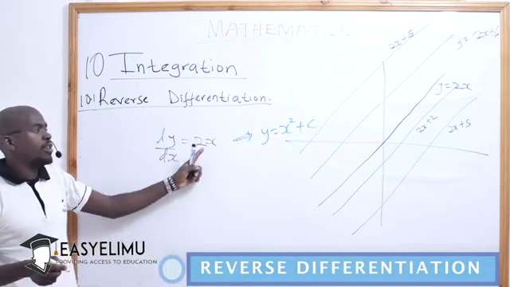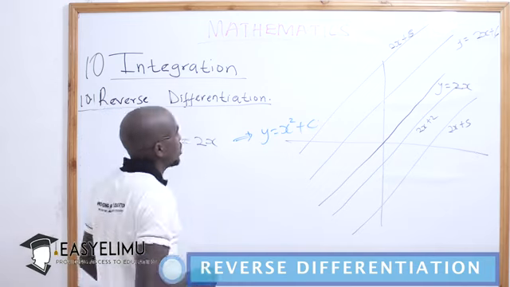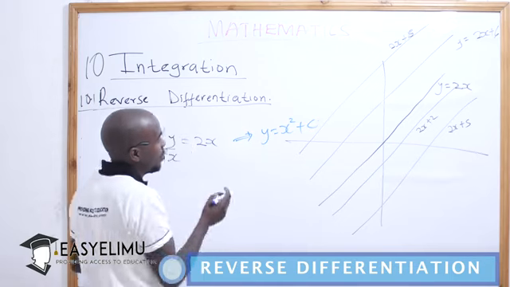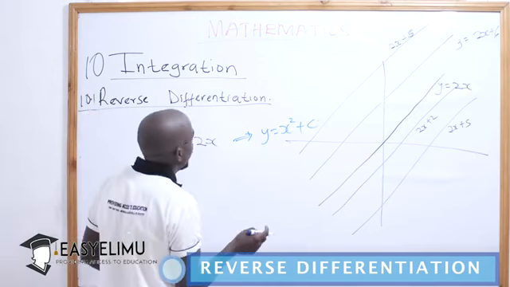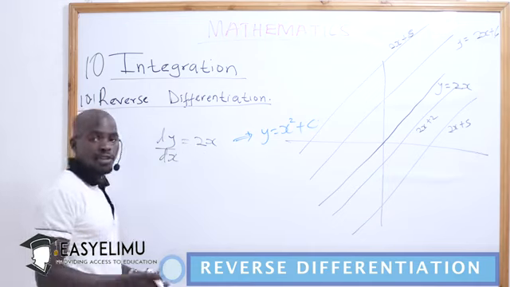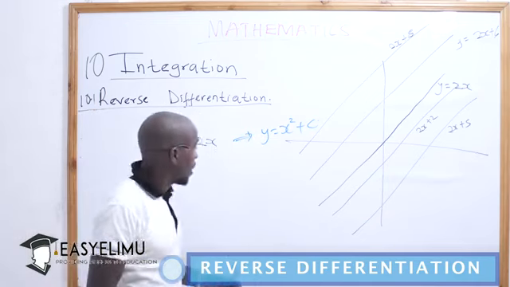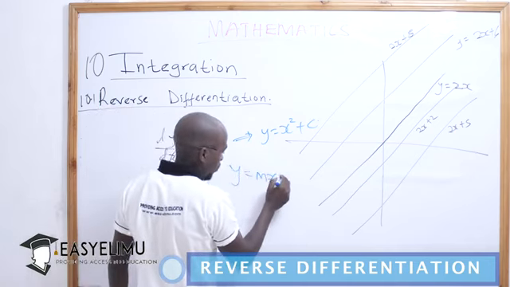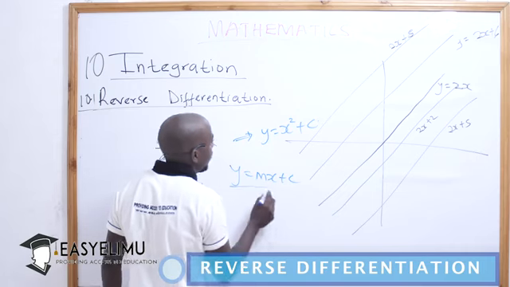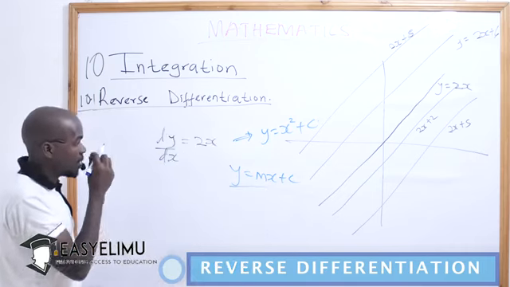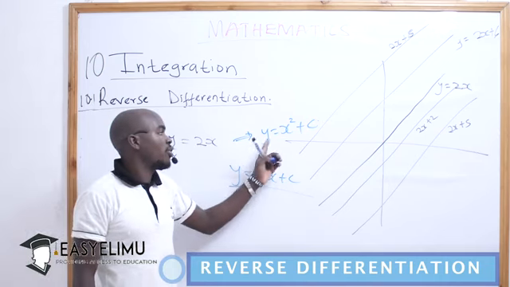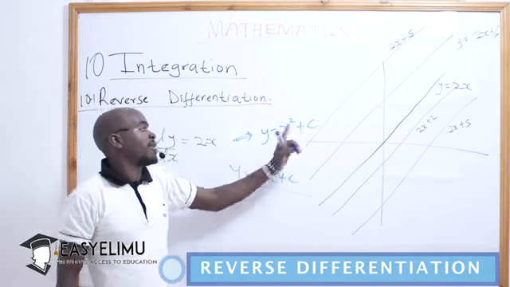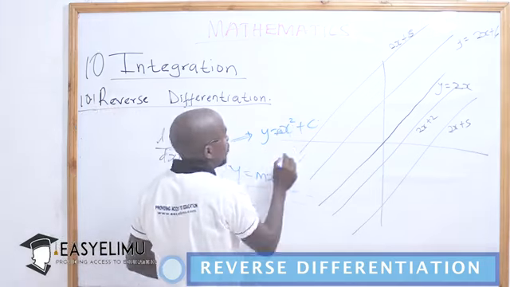Any equation y equals x squared plus c will give rise to this gradient. Many of them that have the form y equals mx plus c will take the form of this gradient, and their equation of the function will take the form y equals x squared plus c, or may have a coefficient a.